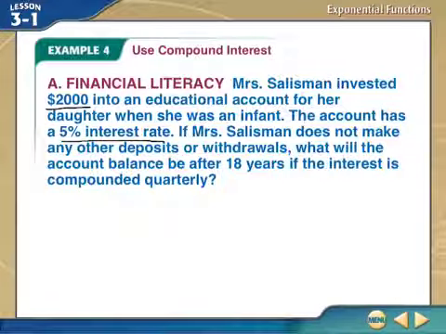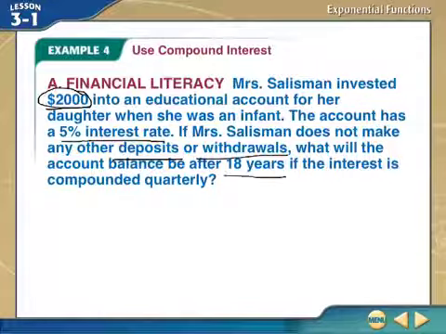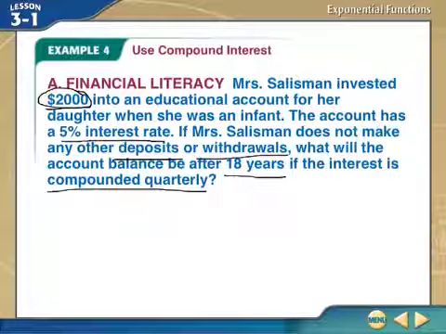If Mrs. Solisman does not make any other deposits or withdrawals, so she's not putting any more money in beyond the $2,000, nor is she taking money out, she just allows the $2,000 to sit in this account for 18 years. If her interest is compounded quarterly, what will her balance be at the end of those 18 years?